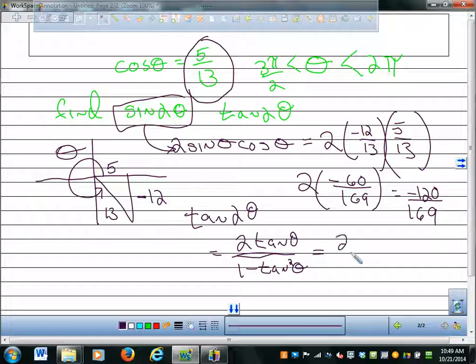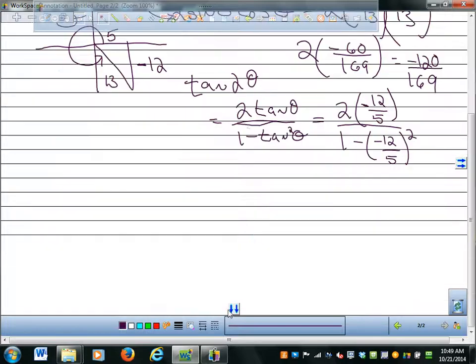What is the tangent of theta? Right, negative 12 over 5. You have to be careful with your signs here, okay? You have to square this, which becomes positive, and then you subtract it from 1, right?